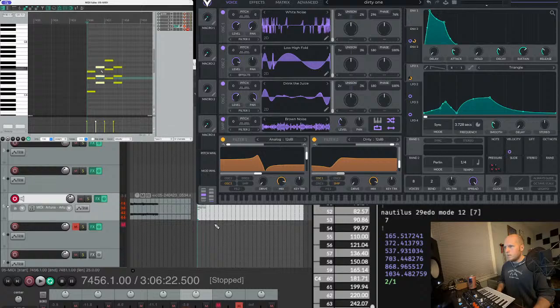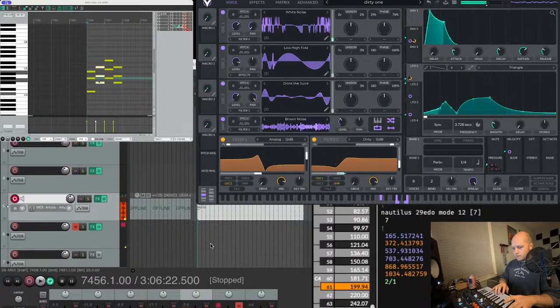F sharp, A, C sharp. It looks so wrong, but it's not. It's because the geometry of the keyboard is deceiving. Anyway, what was that first one again? I think it was C sharp, G, B. So it looks like a half diminished.